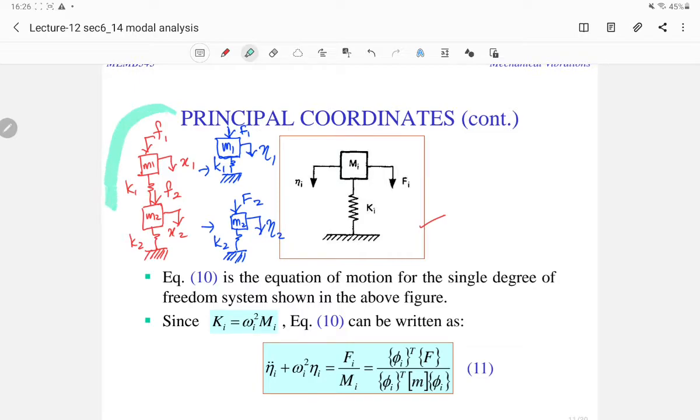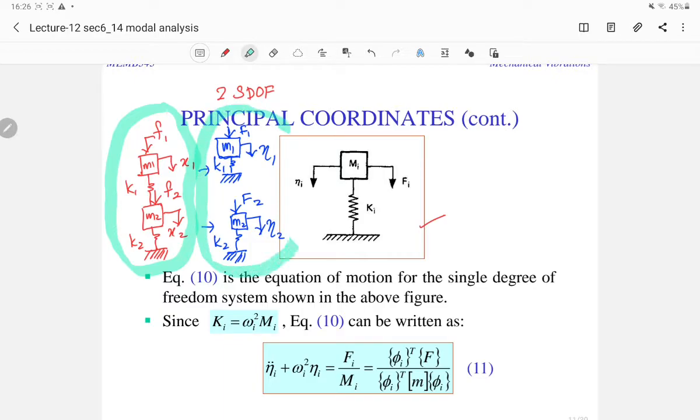This is the original system. After you transform, you break it up into two single degree of freedom systems, as shown on the right hand side of this figure.